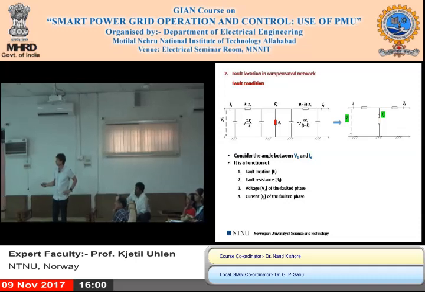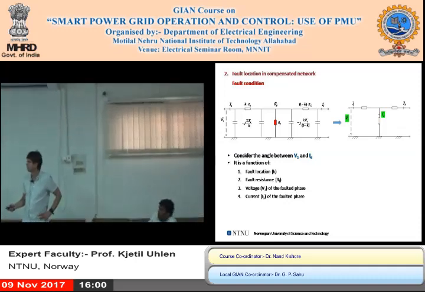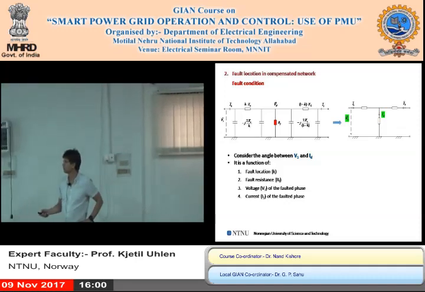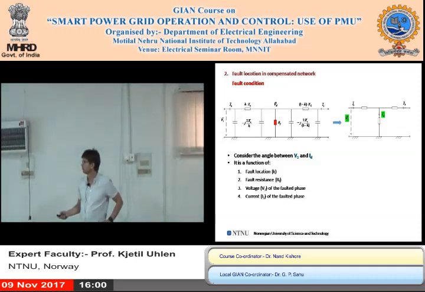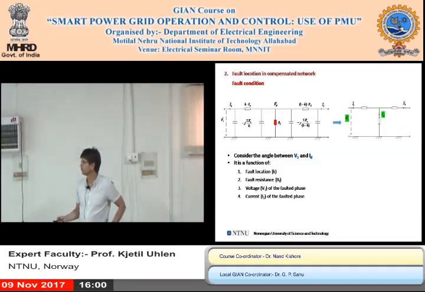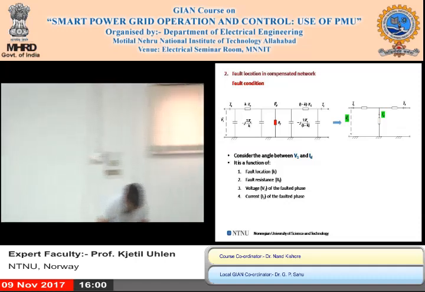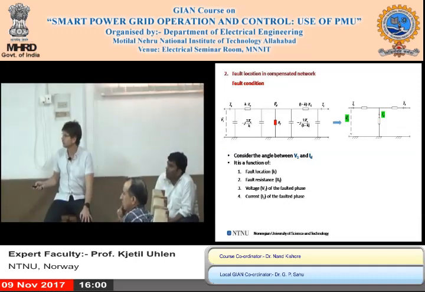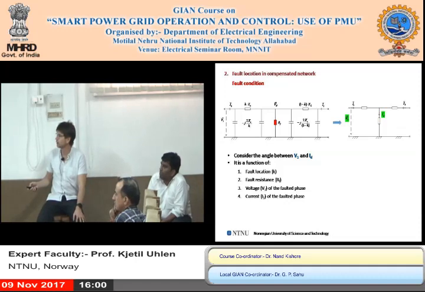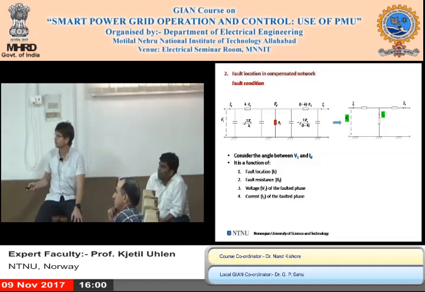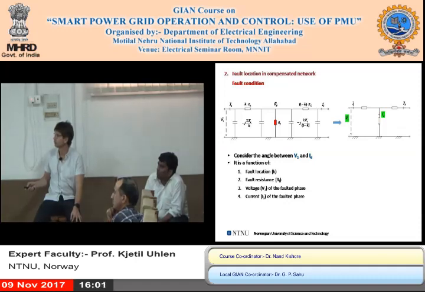So by that you can make an identification, and you can set up an equation to tell you where along the line, if it's here or over here or here, the fault is. What is K? It's a variable representing the distance from the node. So when K is 1, the fault is over here, and when K is 0, the fault is over here.